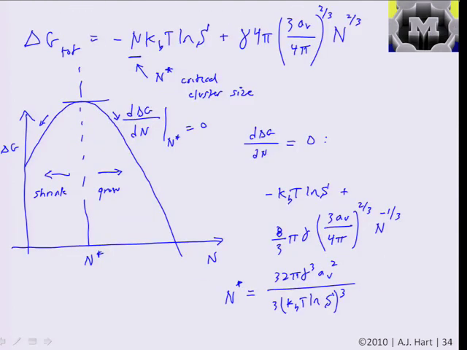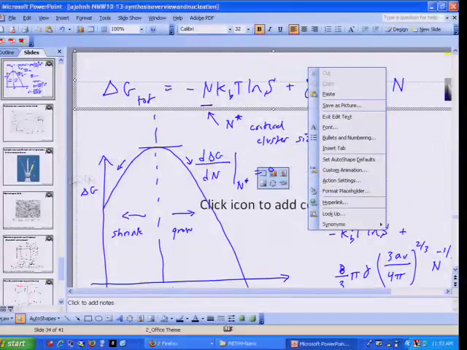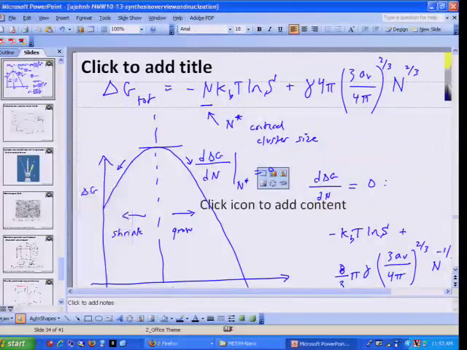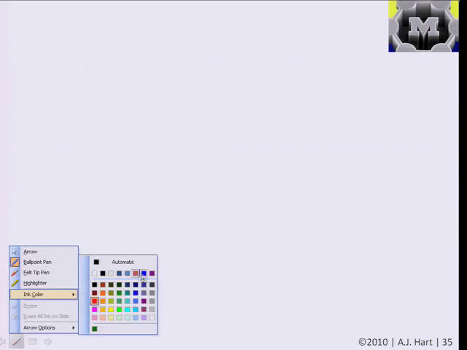And for example, if we use the relationship between R and N to convert N star to a critical radius, then we would get that the critical cluster size in terms of radius is twice the surface energy times the atomic volume divided by kT times the natural log of the supersaturation.